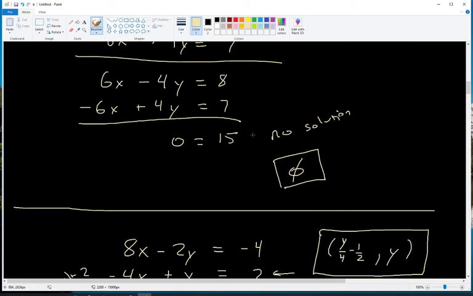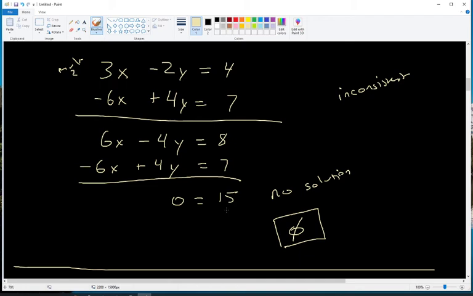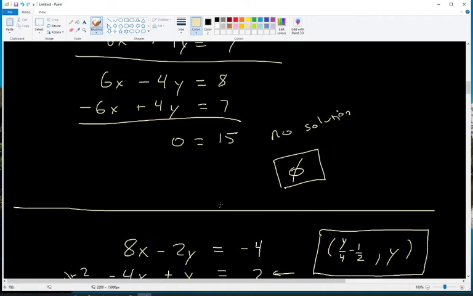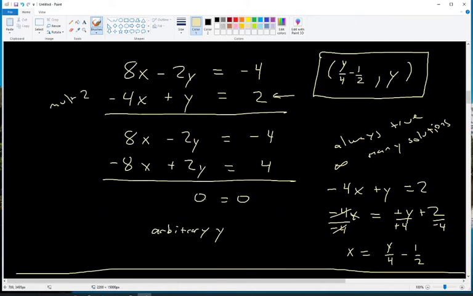And just like with the 2 systems, if in the 3 systems you get 0 equals a non-zero number, or something that doesn't make sense like that, there's no solution, it's empty. And in the 3x3 systems, if you get 0 equals 0, choose an arbitrary y or x or z, and then solve the other 2 variables in terms of it, just the way we did here.